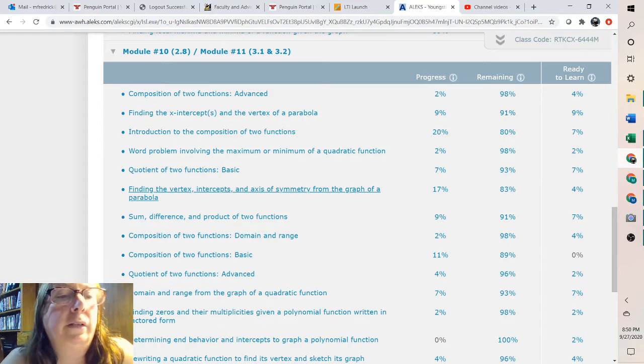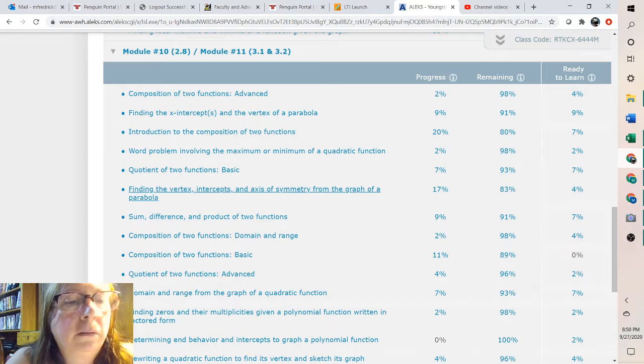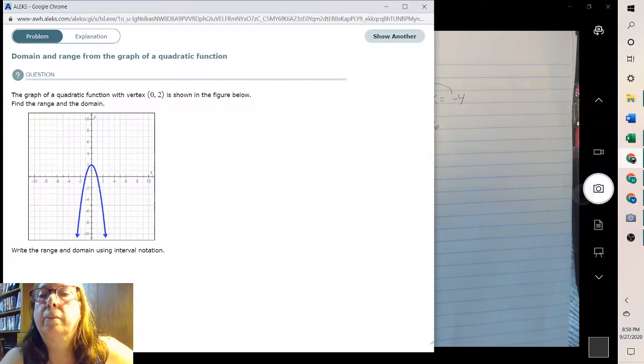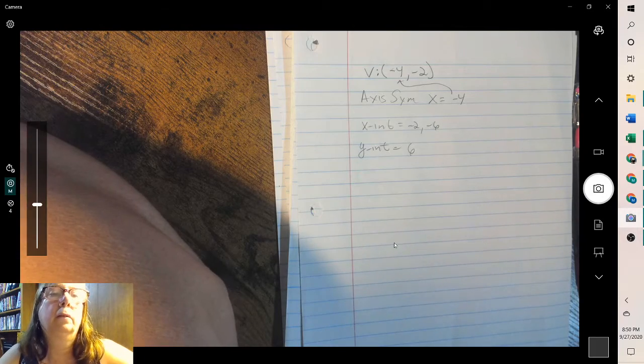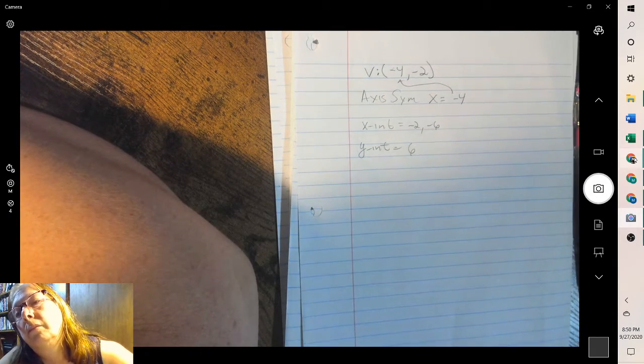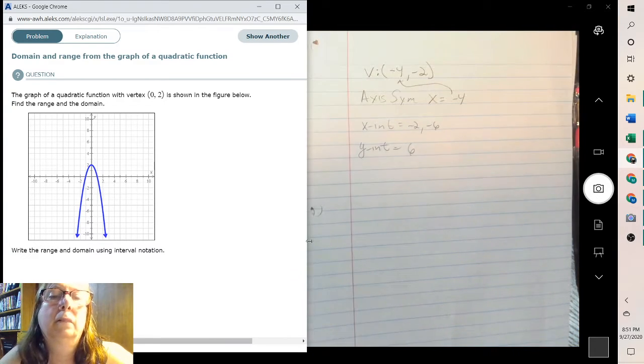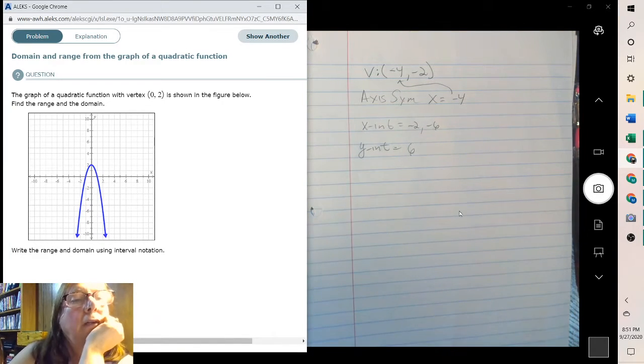Domain and range of a quadratic function. The domain and range, remember domain is your x values and range is your y.